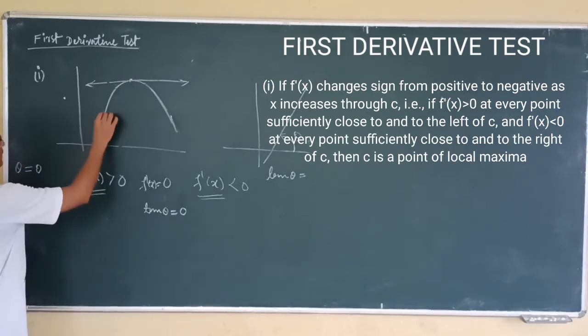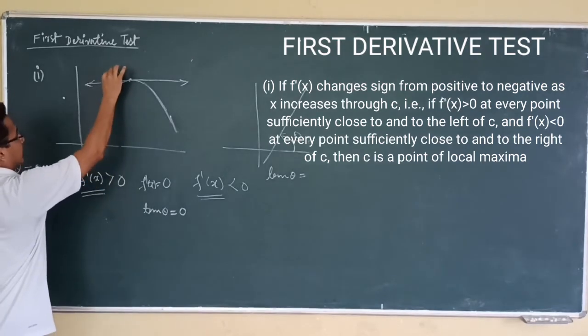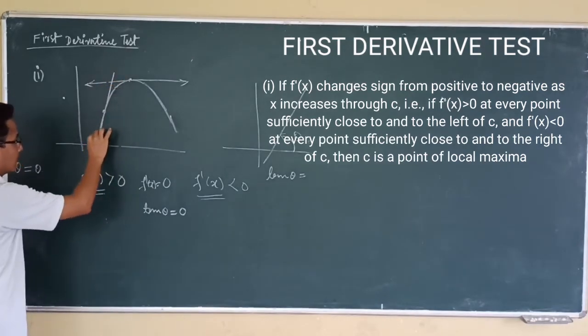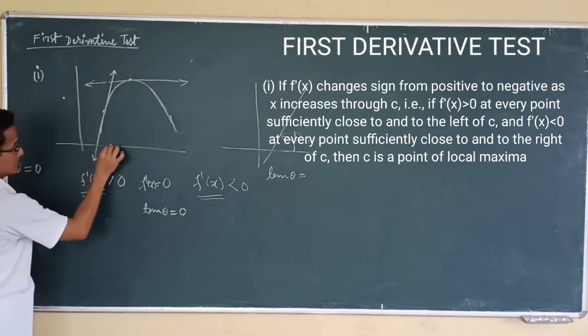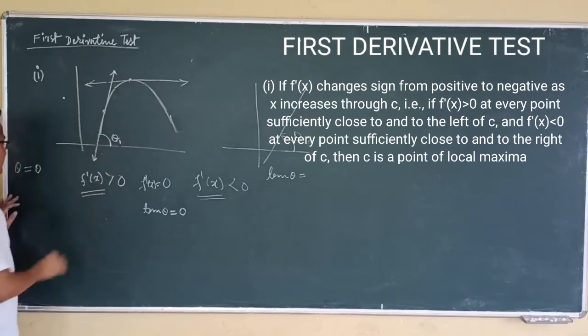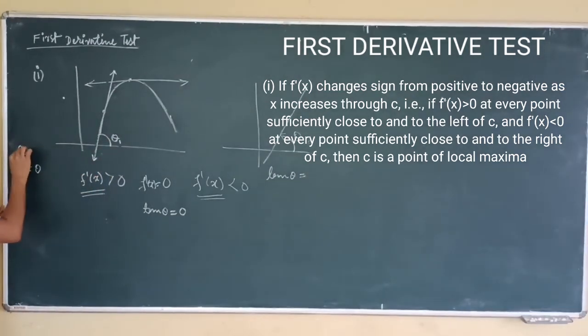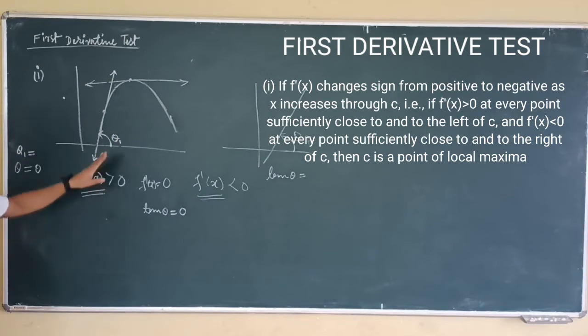Now here, if you take the slope from here like that, I will draw a slope like this, a triangle with angle theta. Let's take this to be theta 1. I will draw a slope in this way and take the angle from the positive direction, then I will get theta 1.